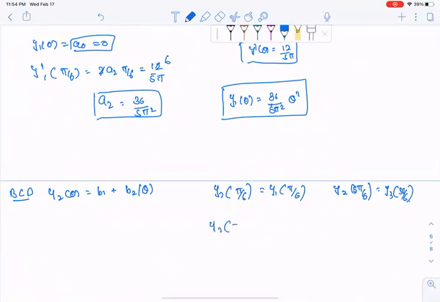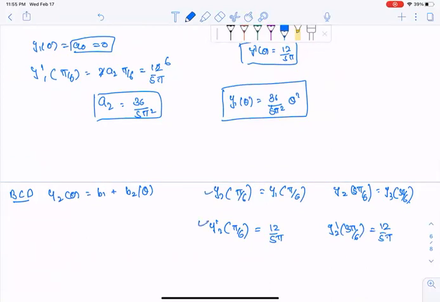And y2 dash of pi by 6 is 12 by 5 pi, which we calculated just now. And y2 dash of 5 pi by 6 is also 12 by 5 pi.